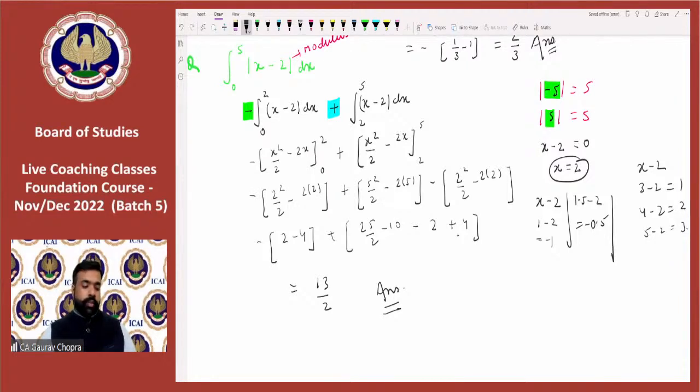Pushdeep Kaur has also given 13 by 2. Rohan is asking if 1 plus log 1 will be 2. No, log 1 is 0. So 1 plus 0 becomes 1 only.